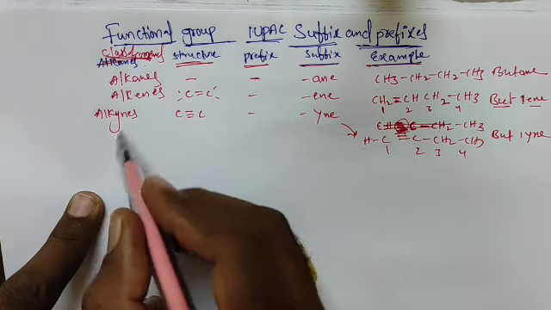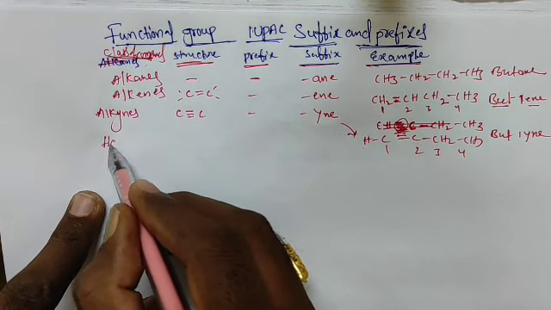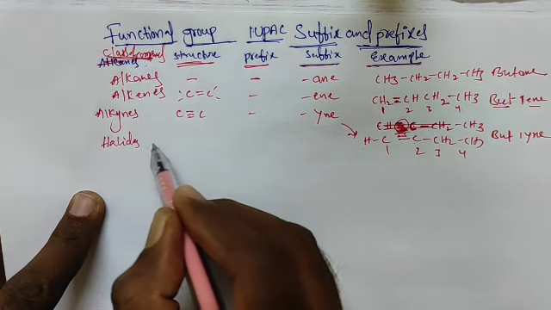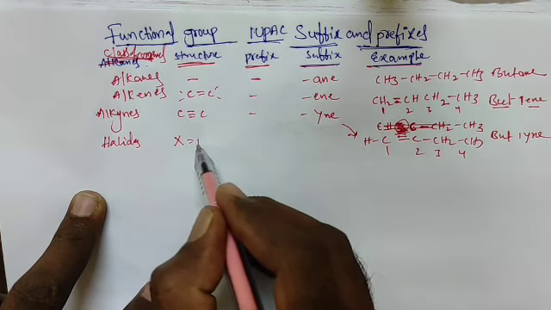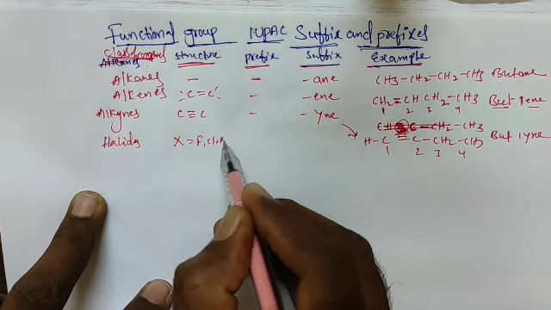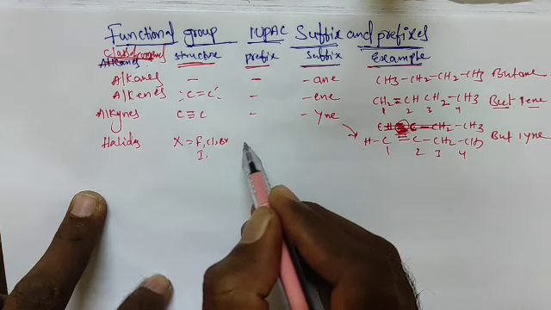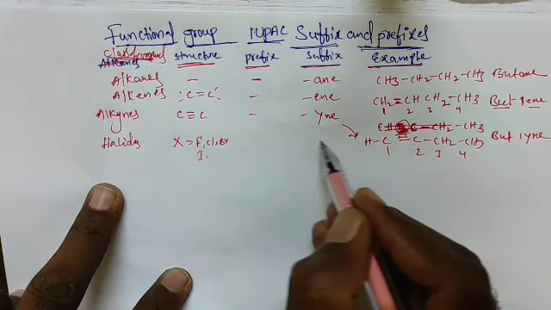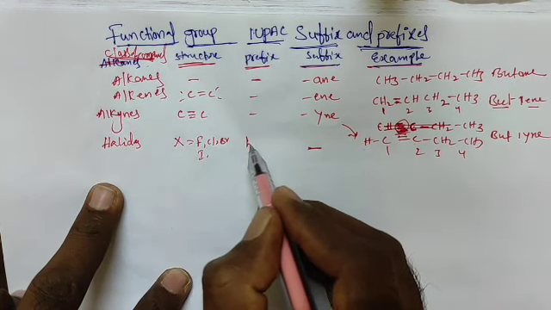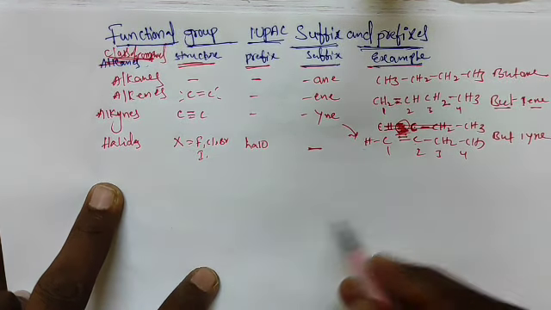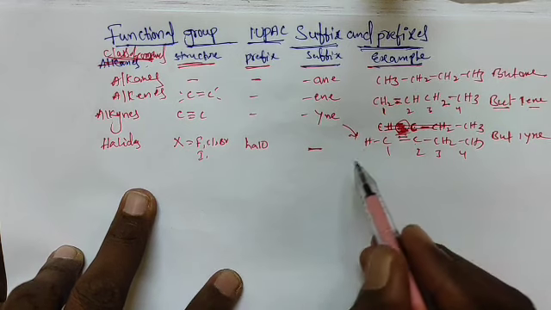Next, halides. The halide structure is X, where X equals fluorine, chlorine, bromine, iodine and so on. There is no suffix, but the prefix is halo. We should mention halo.